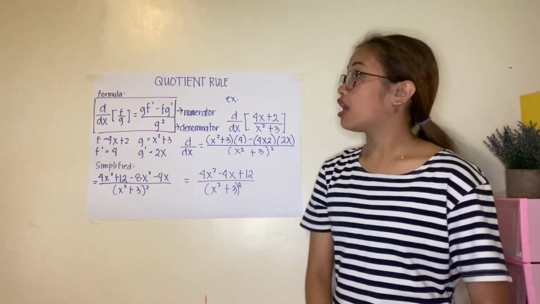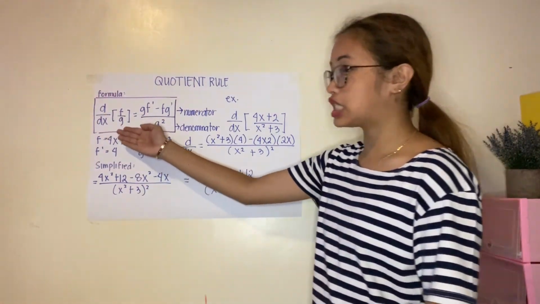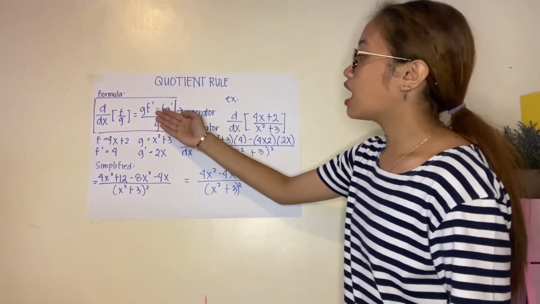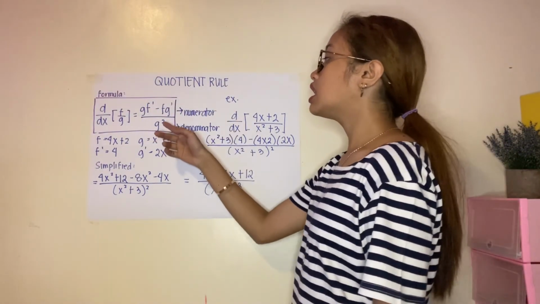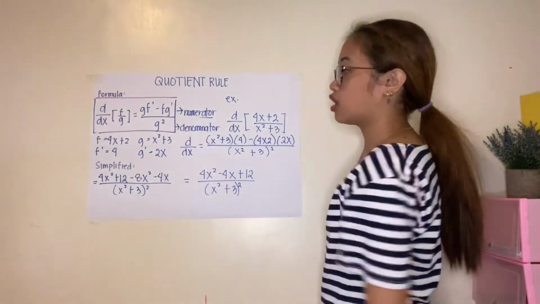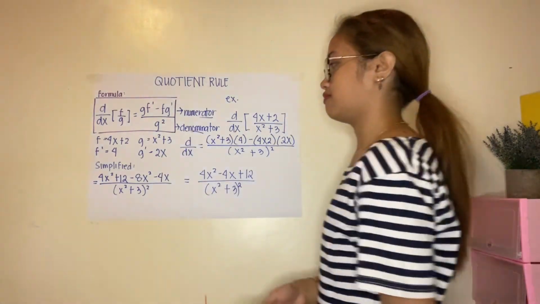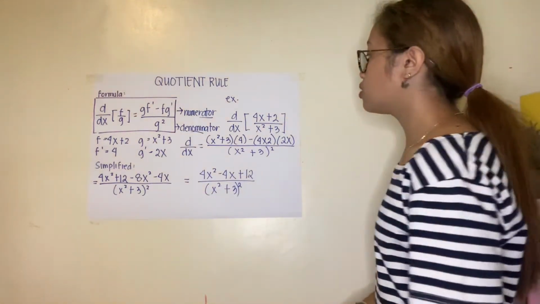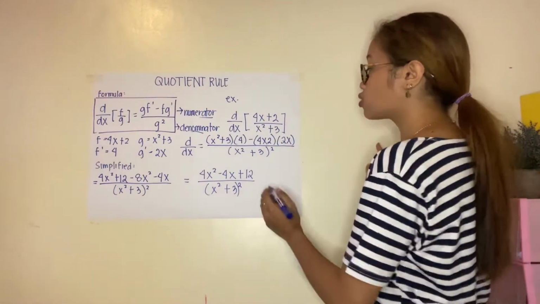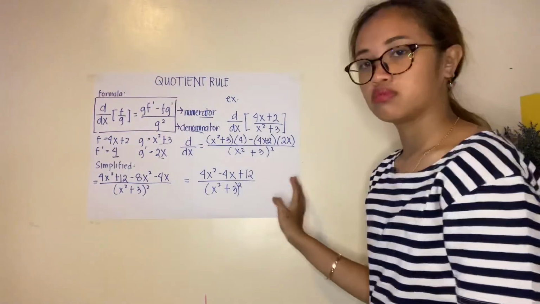So the formula for our quotient rule would be the derivative of f over g equals g f prime minus f g prime over g squared, where our f would always be the numerator and our g would be the denominator. So an example would be the derivative of 4x plus 2 over x squared plus 3.